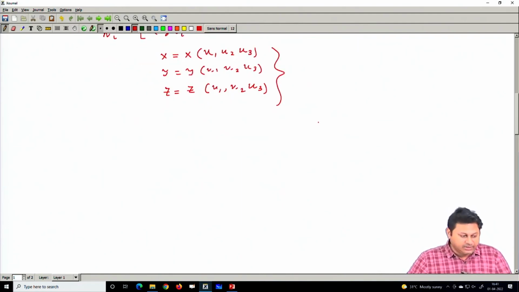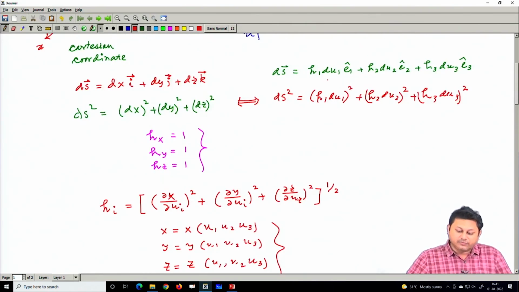Last day we derived that, but you can also find the scale factor by comparison.